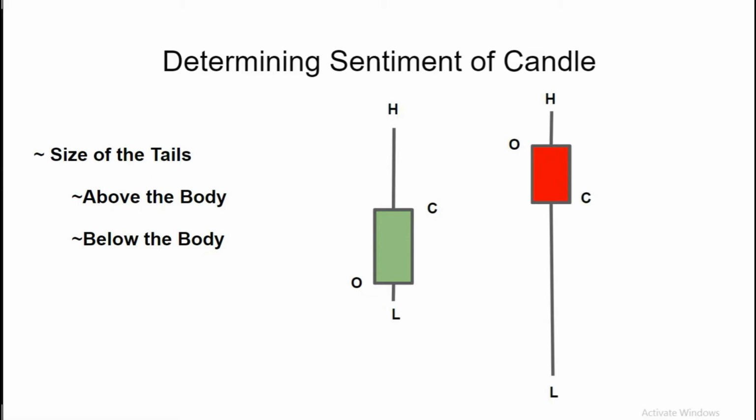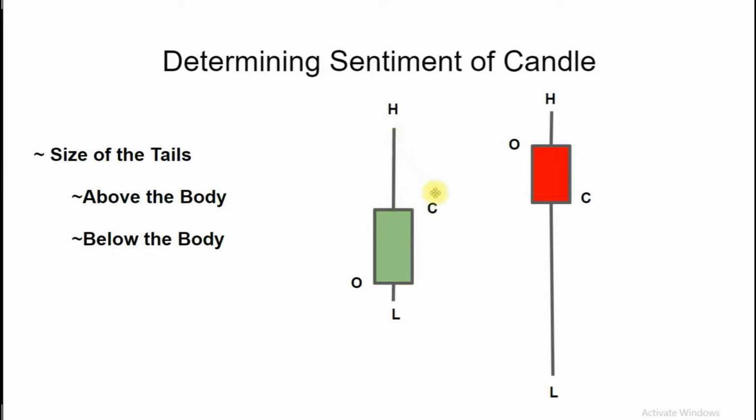Let's review the significance of the high and the low. The high price represents the highest price the buyers, aka the bulls, were able to drive the price up to. However, it also represents the price where enough sellers, aka the bears, came back into the market, matched the buyer's price, which halted that upwards climb, and then drove the price back down to close here, a significant distance below the high.